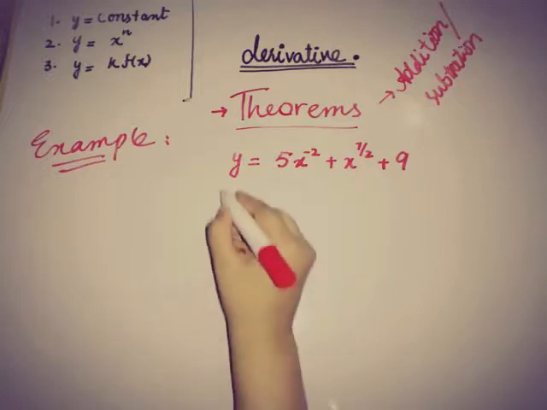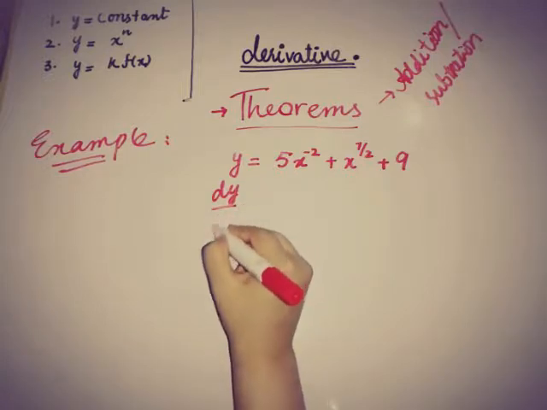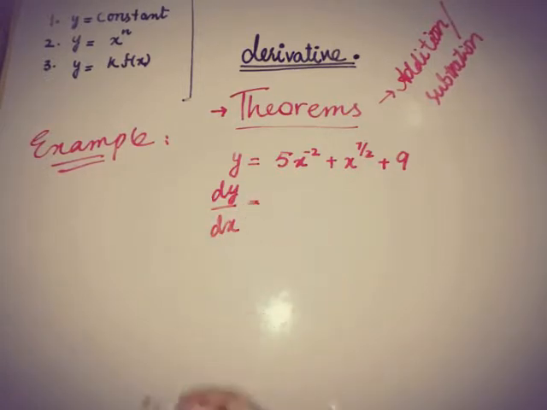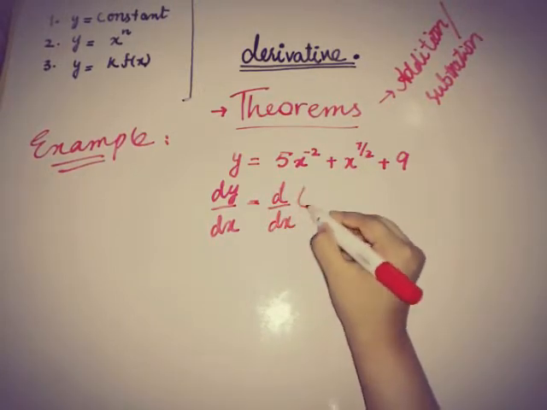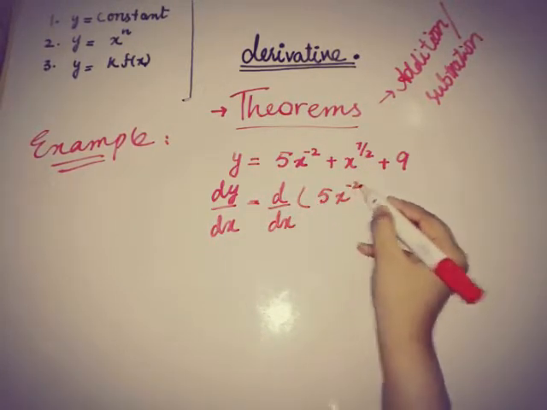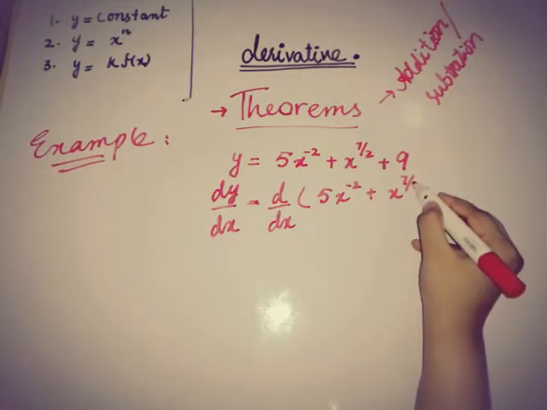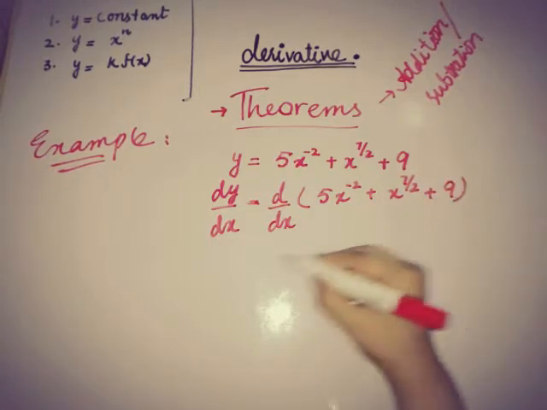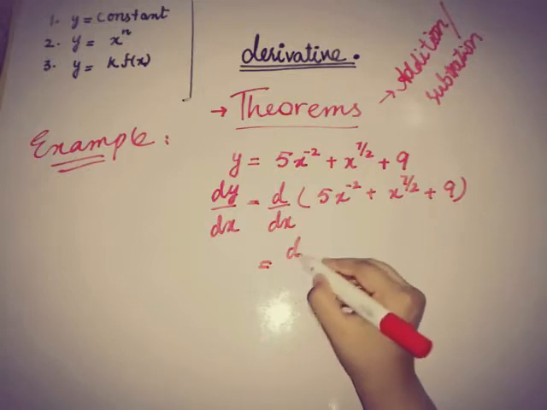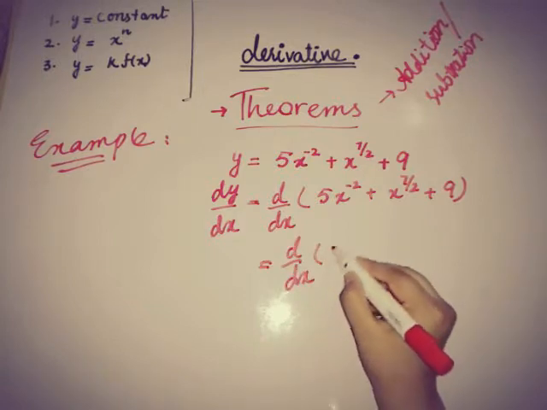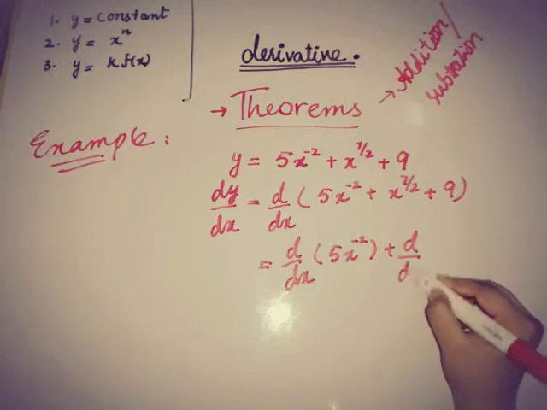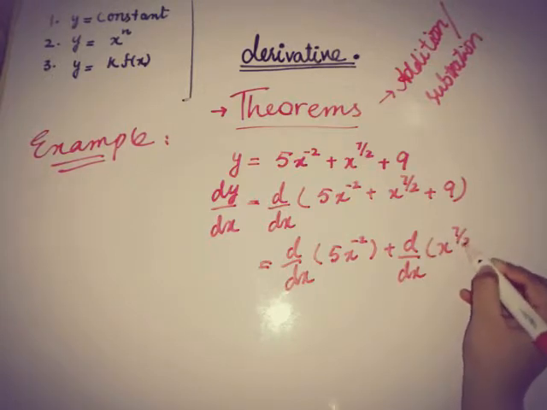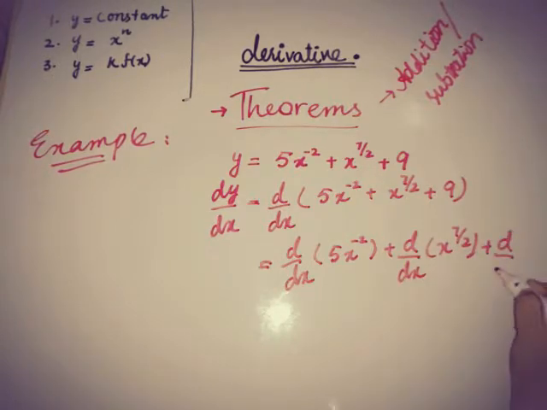So by applying the theorem of addition, we can find the rate of change of the individual terms, this, then this, then the next.